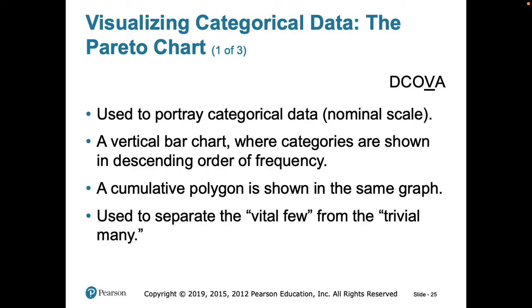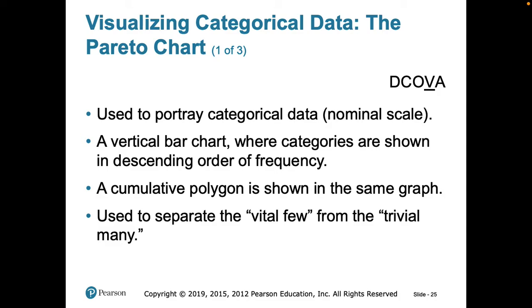So that's why they do a lot of things. You see, at your house, you use 20% of your utensils to do 80% of the cooking, and that's where you got that 80-20 rule. It comes from Wilfredo Pareto. Anyway, the Pareto chart can help you put that into perspective and is used to portray categorical data.